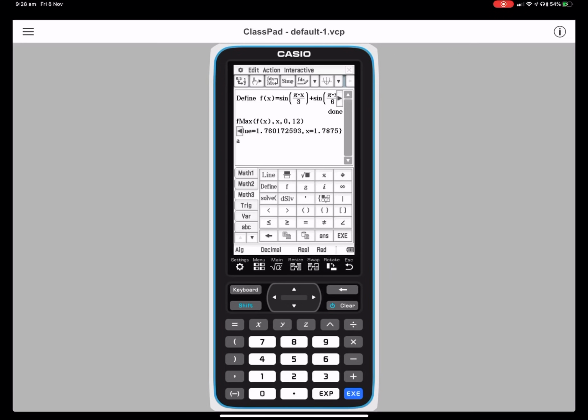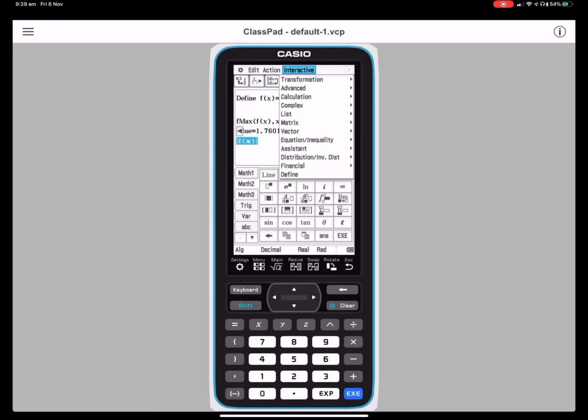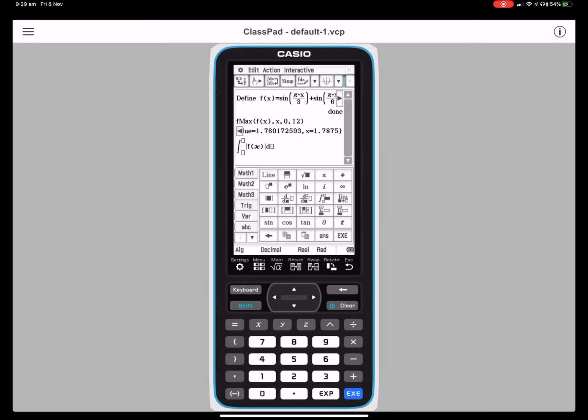F of t, the mod of, 0 to 6 dx. Why aren't you working?